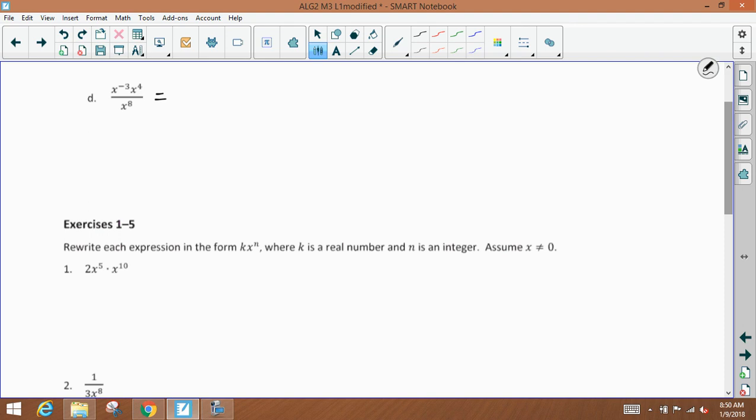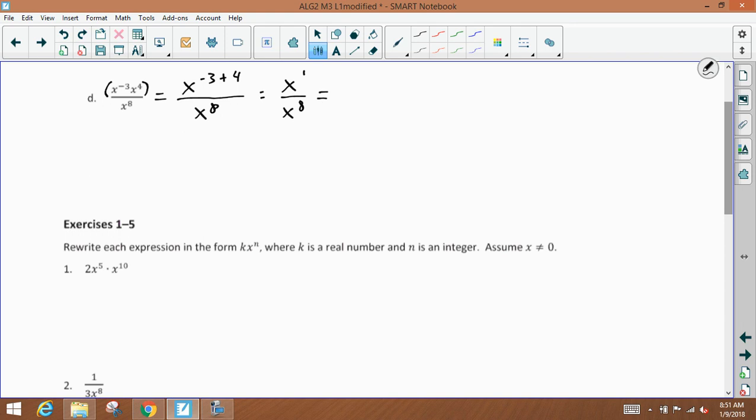Really, it's as if there's a parenthesis here, right? And order of operations says do parentheses first. So that's what we need to do. So this becomes x to the negative 3 plus 4 power over x to the 8. So this is x to the first over x to the 8.